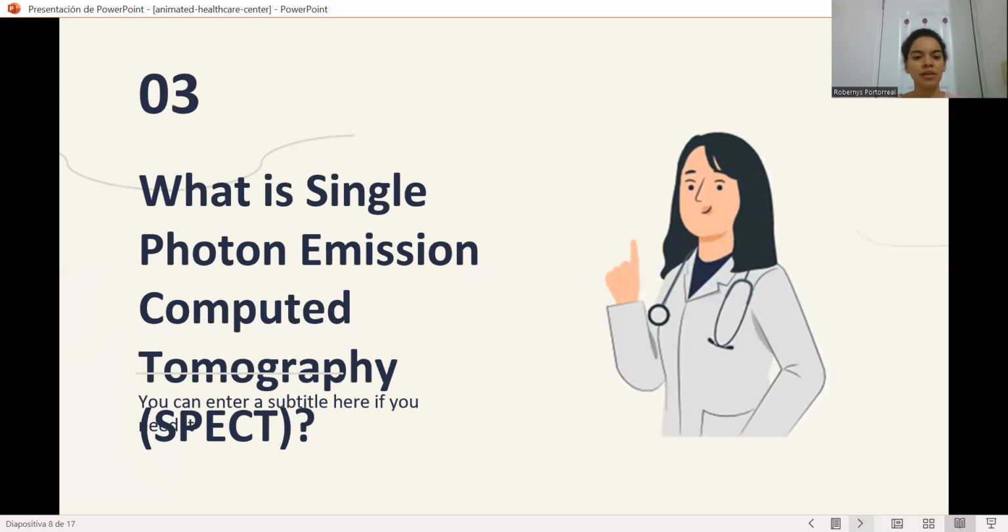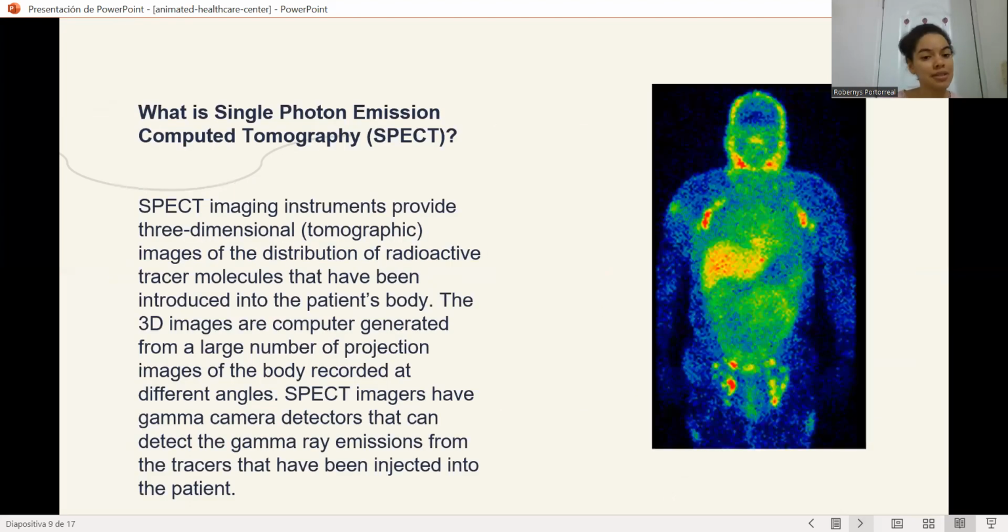What is single photon emission computed tomography, SPECT? A SPECT imaging instrument provides three-dimensional tomography images of the distributions of radioactive tracer molecules that have been introduced into the patient's body.